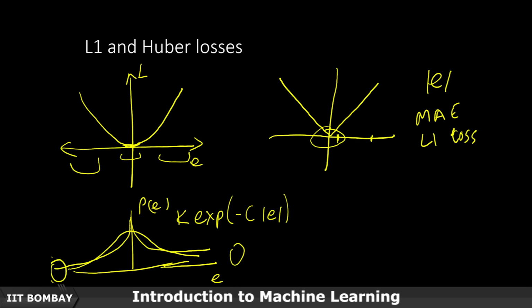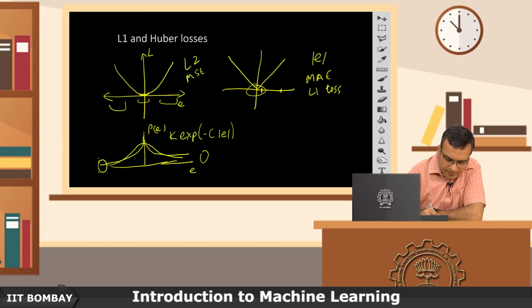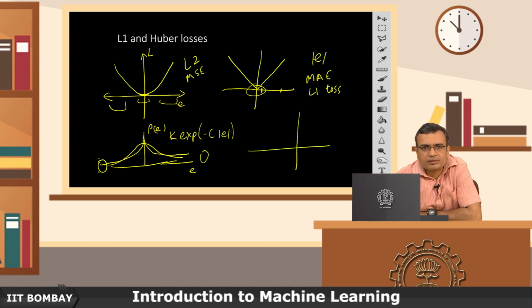So a compromise between L1 and L2 loss: this is L2 loss, which is MSE, mean square error, and this is L1 loss, which is MAE. The compromise between the two is that there is a small region in which we use L2 loss.